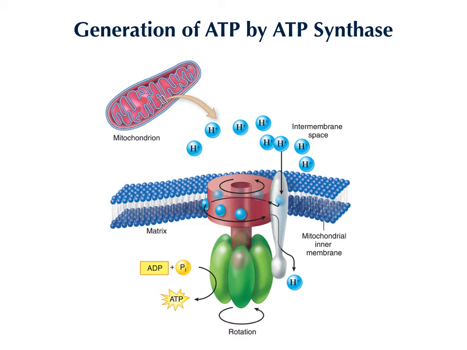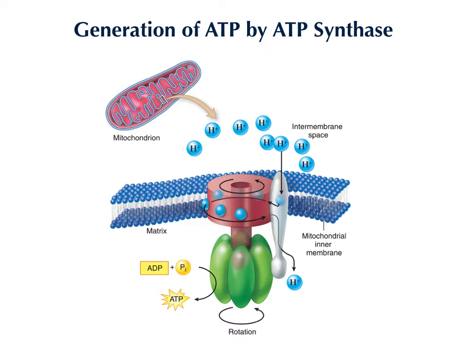The protons can't pass directly through the phospholipid bilayer of the membrane because the core is too hydrophobic. So instead, the protons move down their concentration gradient only with the help of channel proteins that form hydrophilic tunnels across the membrane.